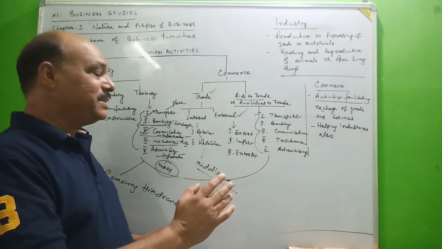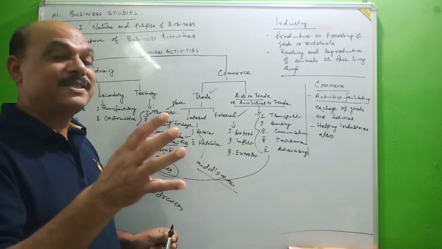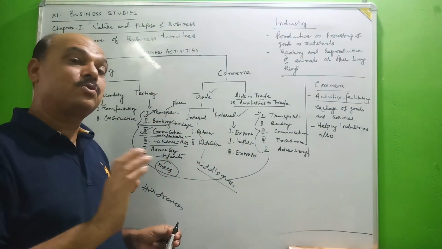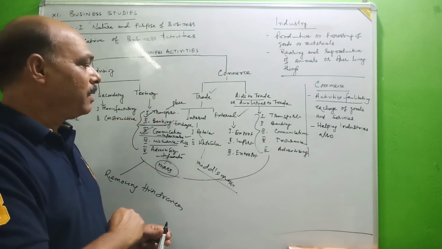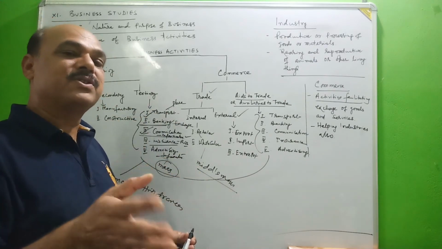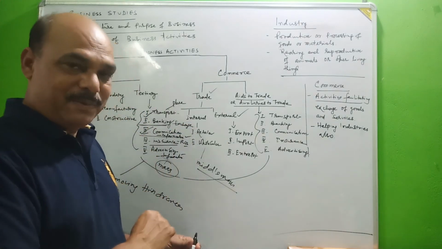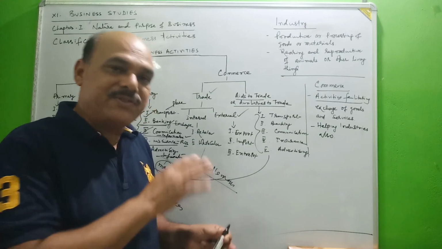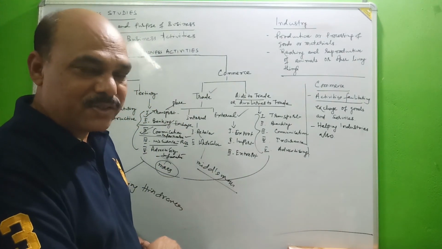Export means when we are selling goods to other countries, basically we sell our surplus to other countries. And when we are purchasing goods from other countries, that is known as import. That means what we are having deficit in our country, that we are purchasing from others.